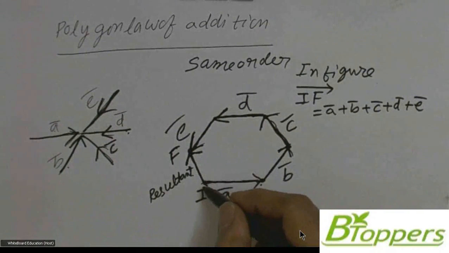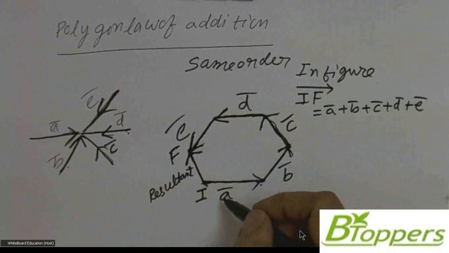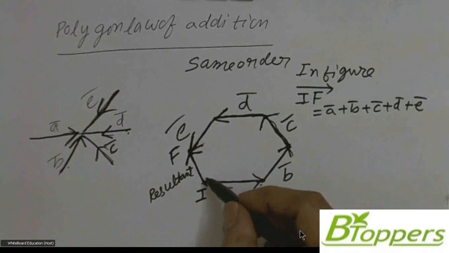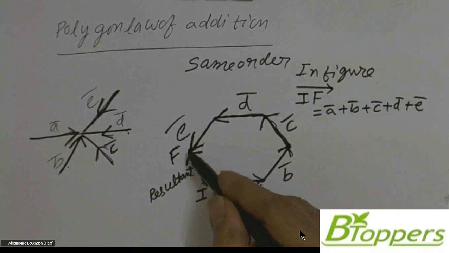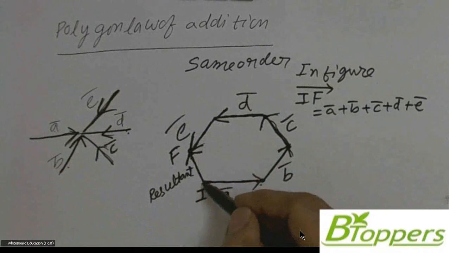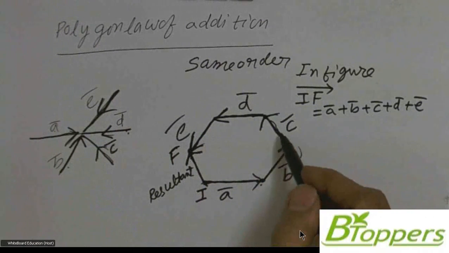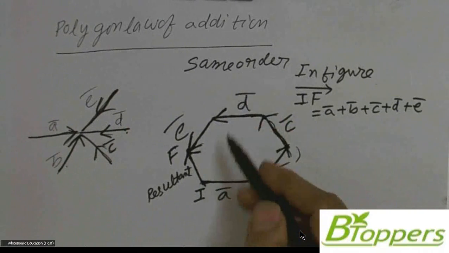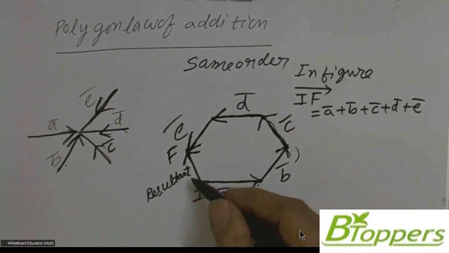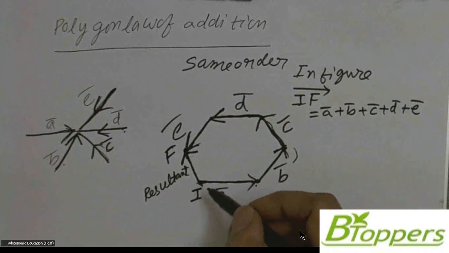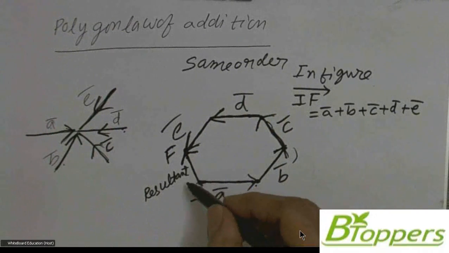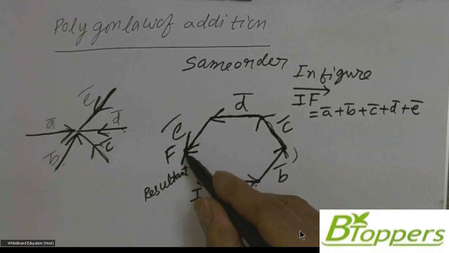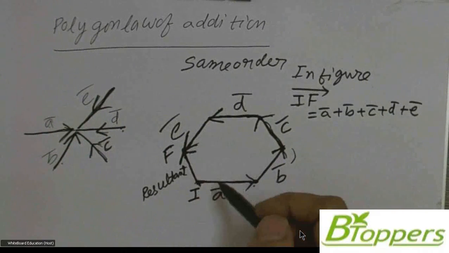You can observe that the tail of the resultant vector is attached to the tail of the first vector A bar, and the head of the resultant vector is attached to the head of the fifth vector. That means the five vectors A bar, B bar, C bar, D bar and E bar are in the same order, but the resultant is in the reverse order. Means the tail of the resultant is attached to the tail of the first vector, and the head of the resultant is attached to the head of the last vector.